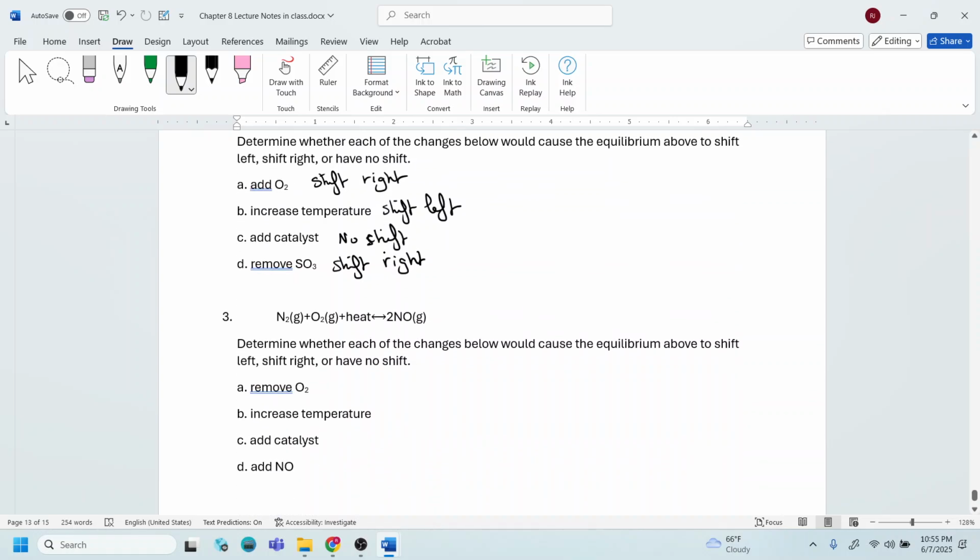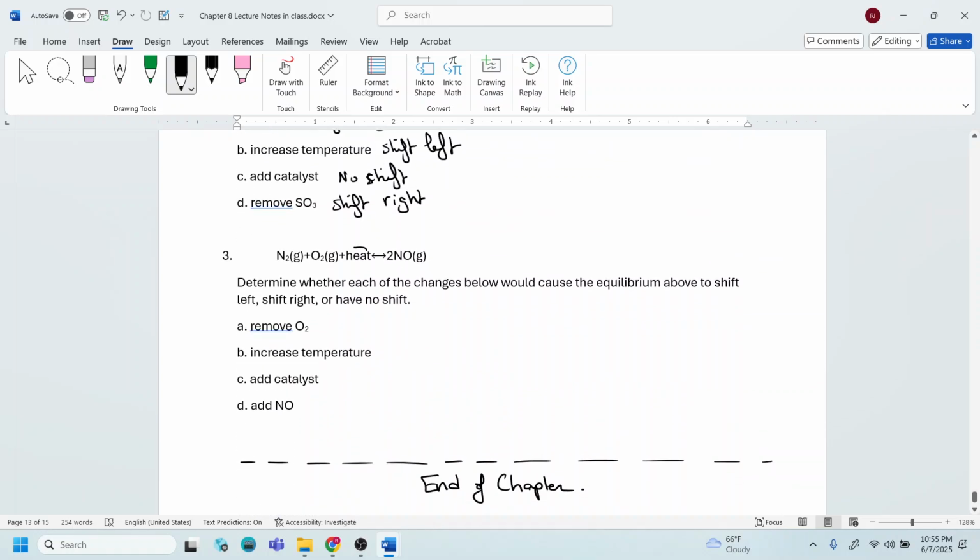Okay, this is an endothermic reaction now. So what happens if I remove oxygen? So decrease or lower your left hand. Your direction of equilibrium is going to shift towards the left.